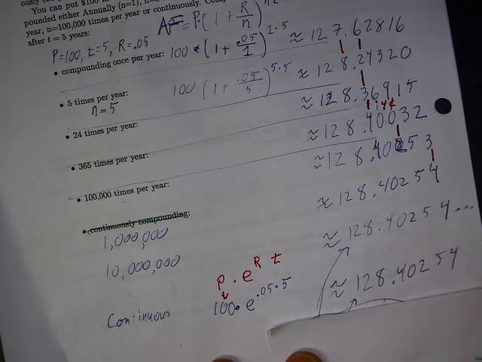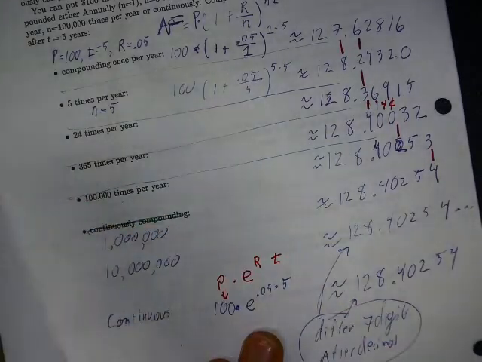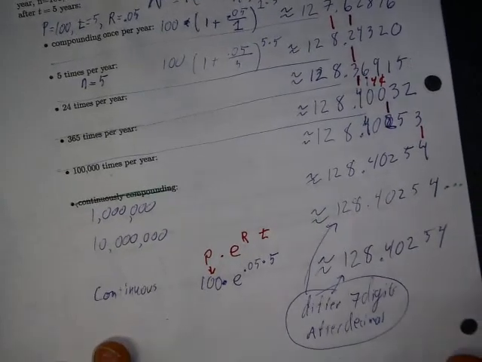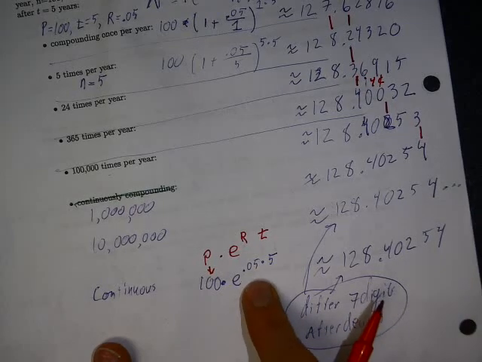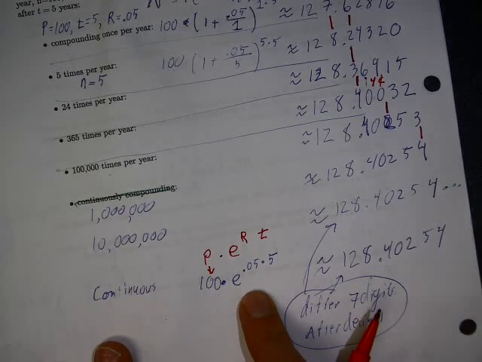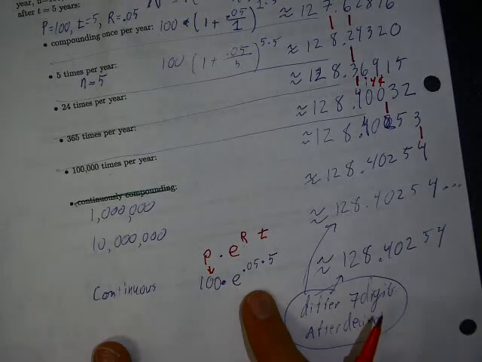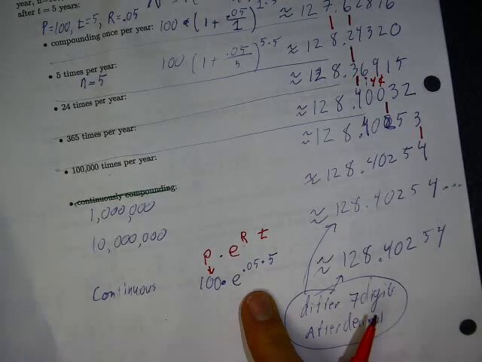In fact, the difference between these two, you can compute it yourself, they'll differ only after 7 digits after the decimal place. So these two numbers are really close. So indeed, this formula for computing continuously compounding interest seems complicated and weird, but in fact, it's just what it should be.